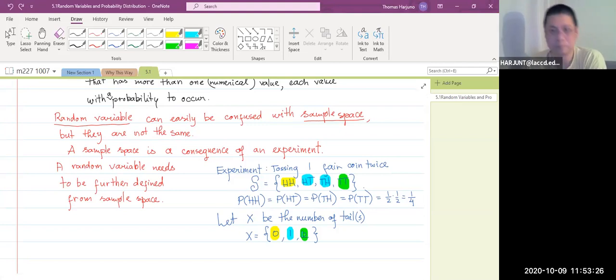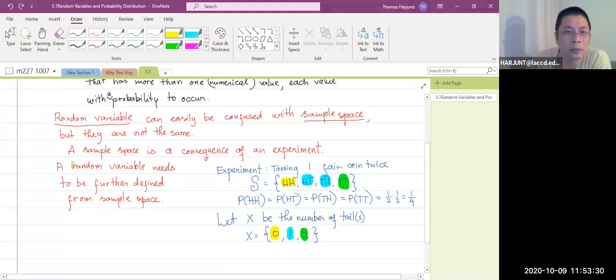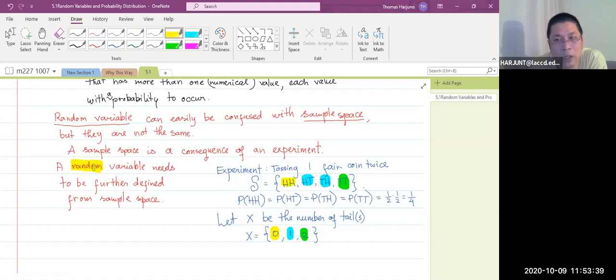When we say random variable here, it's not in the sense that it can be anything, like 1, 2, 3, or 1.5. No. Random simply means it has more than one value, each value with a corresponding probability. Not random in the sense that you just randomly pick a number.